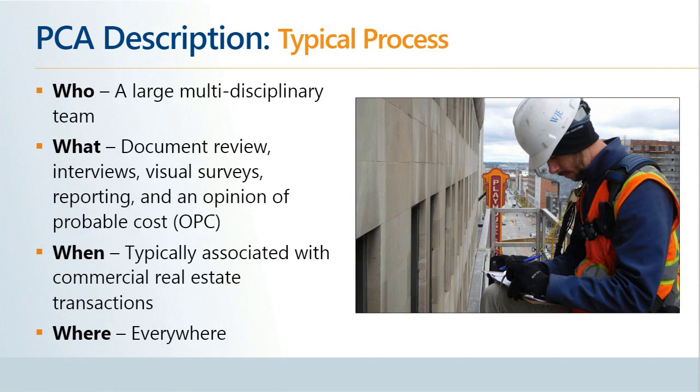An ideal PCA team includes a group that is able to quickly and efficiently evaluate most all aspects of the structure. The PCA process includes 5 primary components, as you can see on the screen. And we'll discuss each one of these in more detail shortly. Each of these, document review, interviews, surveys, and reporting, including an opinion of probable cost, is completed by each of the specialty consultants and typically compiled by the generalist.